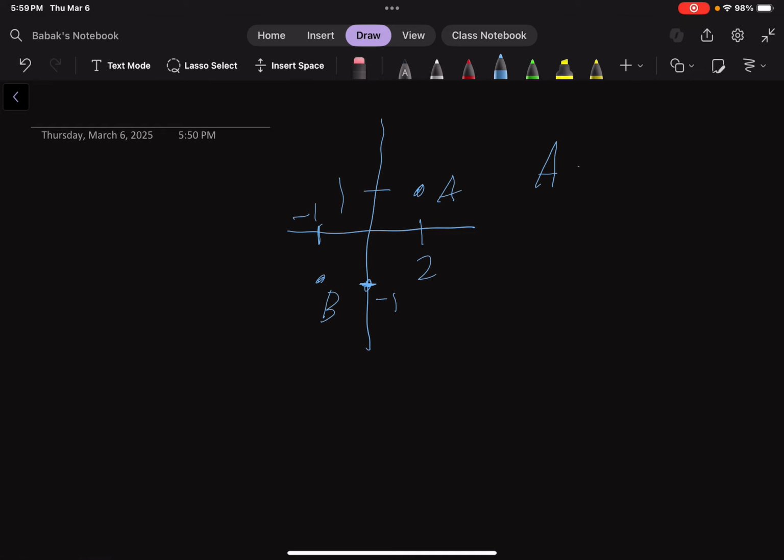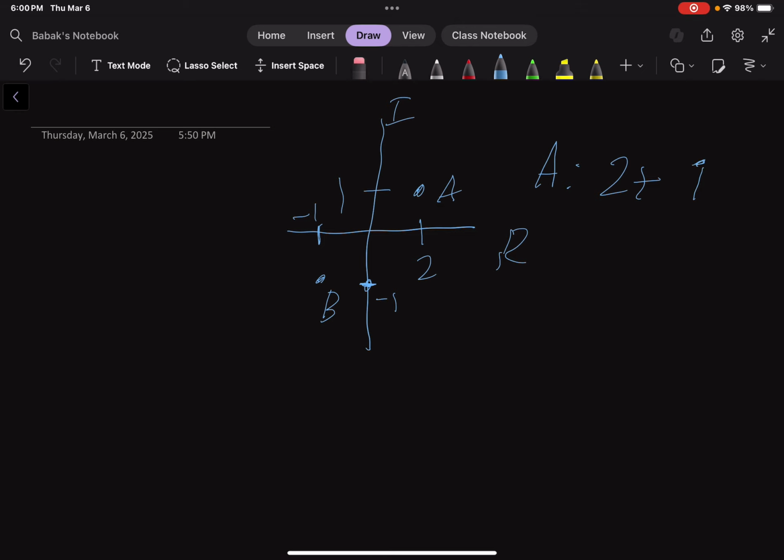Point A is, this being the imaginary axis and this being the real, 2 plus 1i.